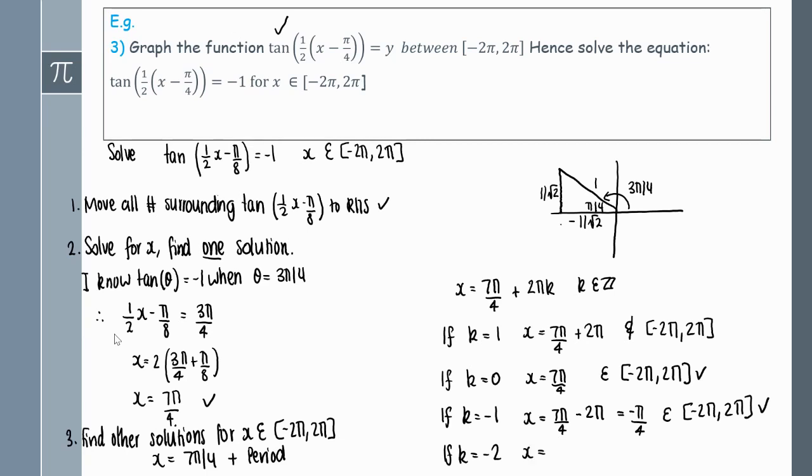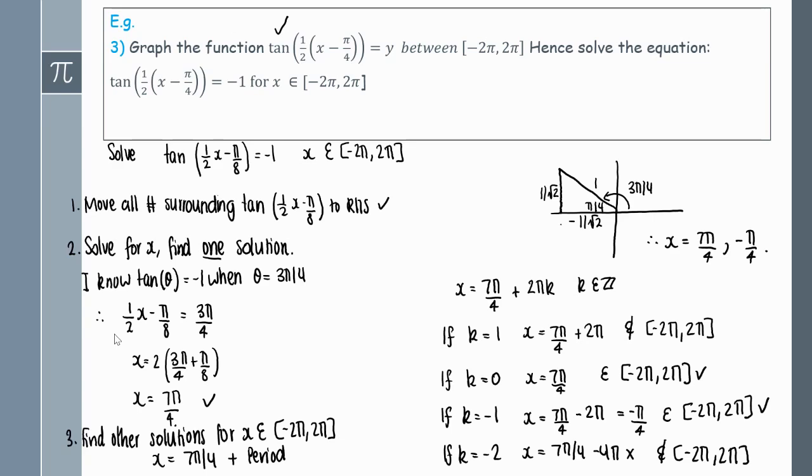If I try to subtract another period, so I let k equal -2 this time, I'm going to end up with something again too small or outside that -2 pi range. So, like we thought, we have two solutions: x equals 7 pi on 4 and minus pi on 4.